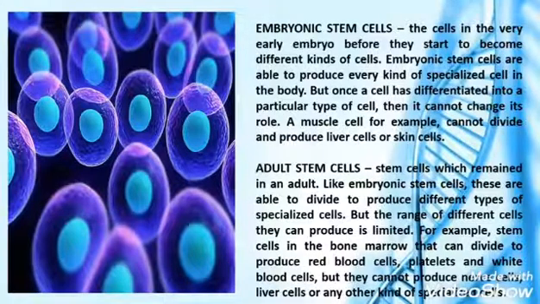But the range of different cells they can produce is limited. For example, you have stem cells in your bone marrow that can divide to produce red blood cells, platelets, and the different types of white blood cell. But they cannot produce nerve cells, liver cells, or any other kind of specialized cells.